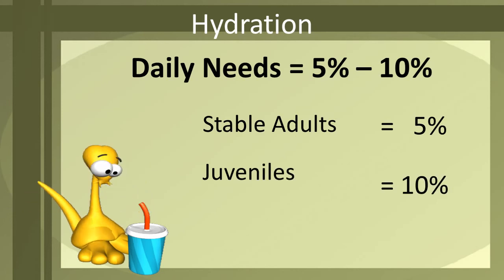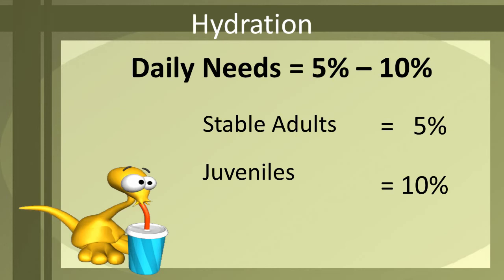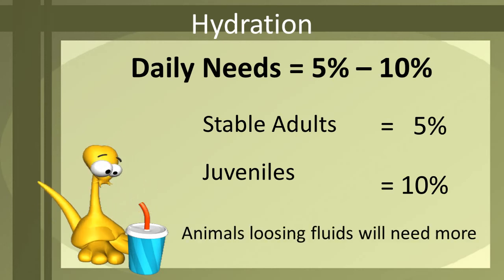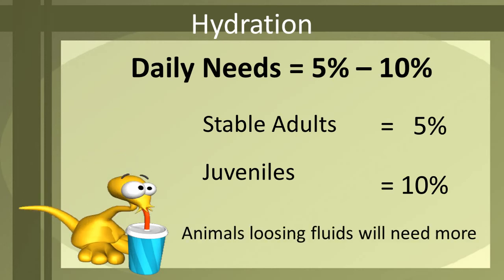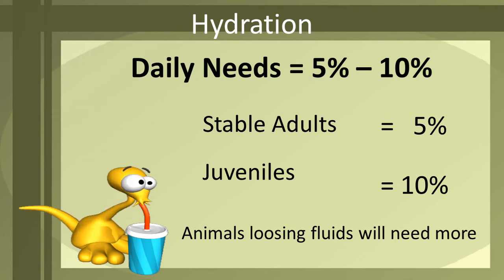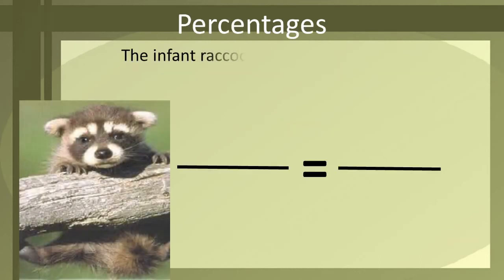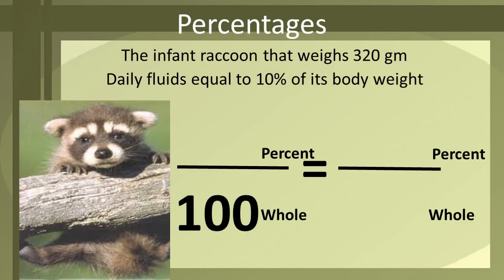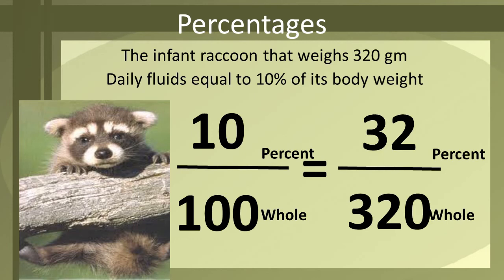Keep in mind these vary, especially if an animal is losing fluids, such as happens with diarrhea. Placing babies on heating pads without allowing for humidity levels will also cause fluid loss. Calculating the daily fluids needed on a healthy animal can be easily done on a calculator. The problem arises when an animal comes in dehydrated.